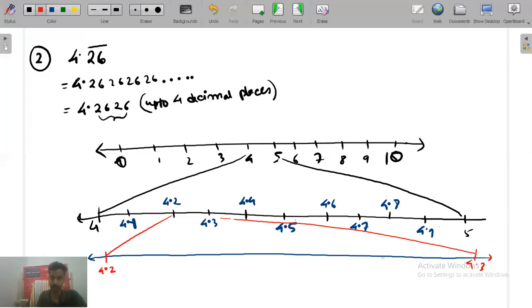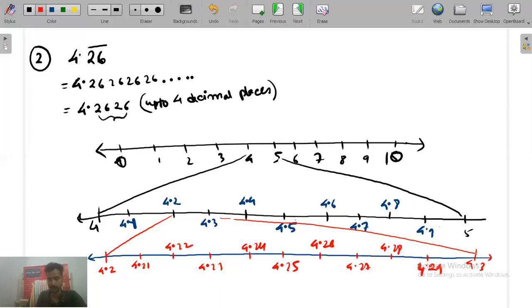Again you have to divide this into 10 equal parts. That means 4.21, then 4.22, 4.23, 4.24, 4.25, 4.26, 4.27, 4.28, 4.29.